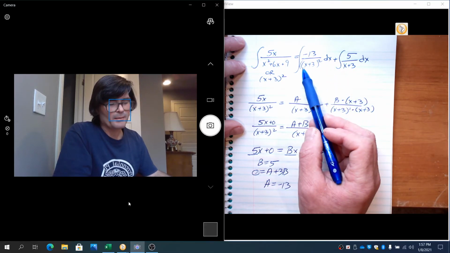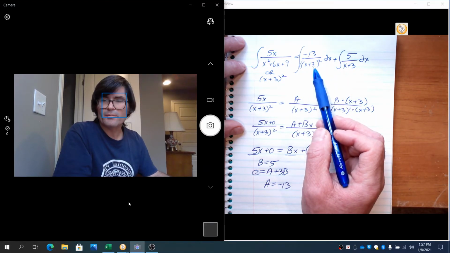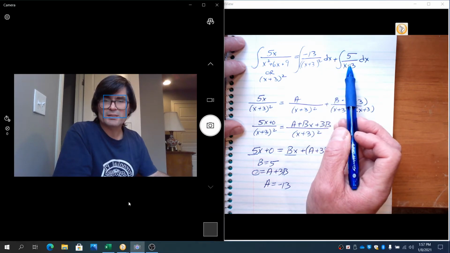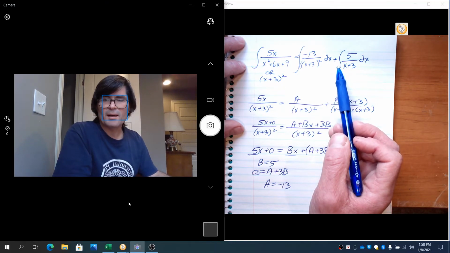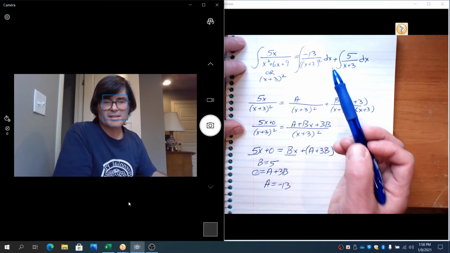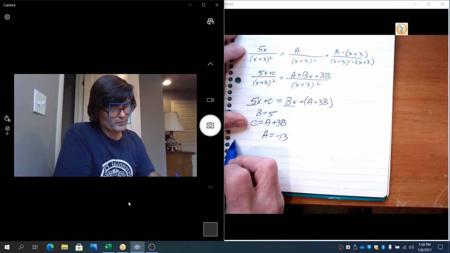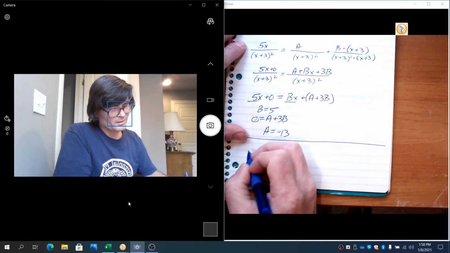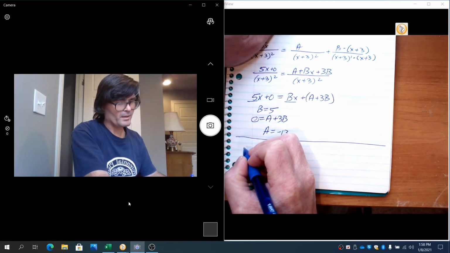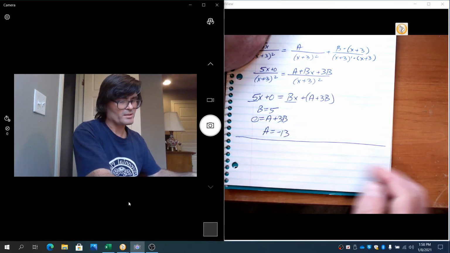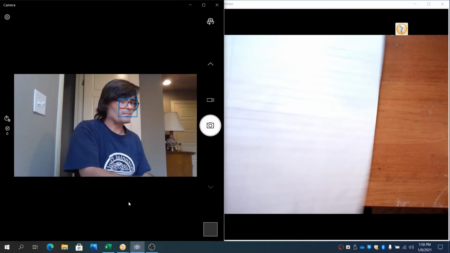And so for this guy, I'm going to use u substitution in a moment. And for this one, this is going to be a log integral. And I think I'm going to actually rewrite it down below so you can see it a little bit more clearly. But you always want to break this down into two pieces if you can. I think I actually might use a new piece of paper just to really make this clear.